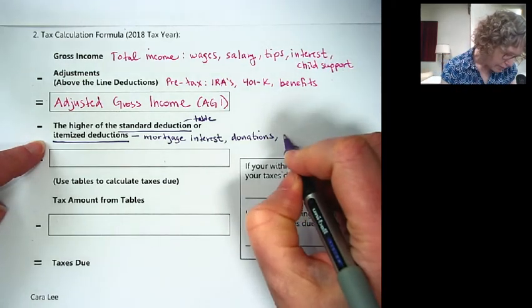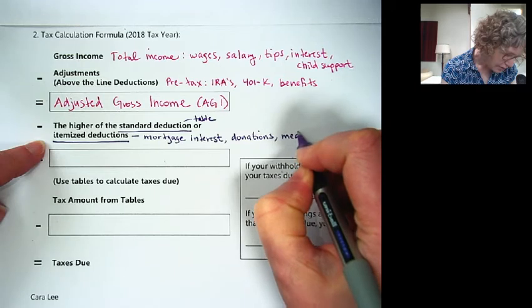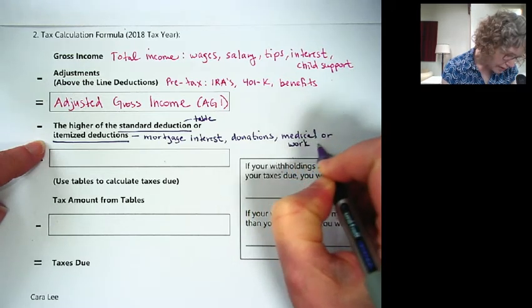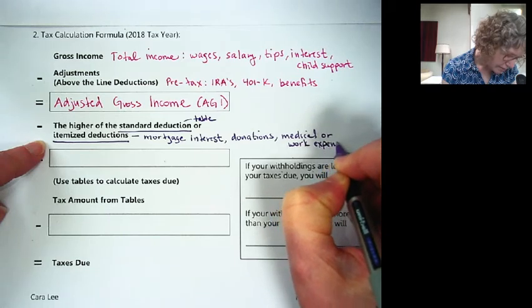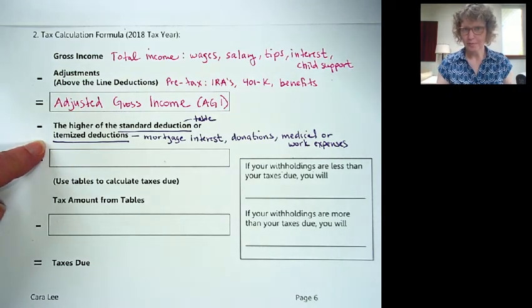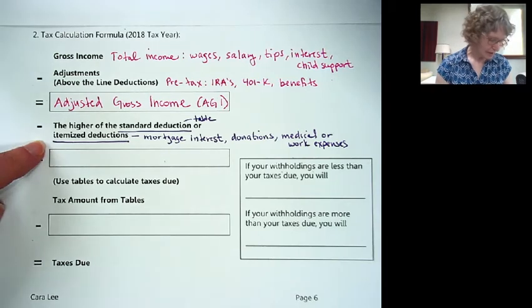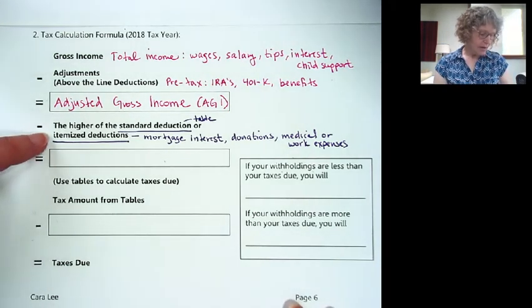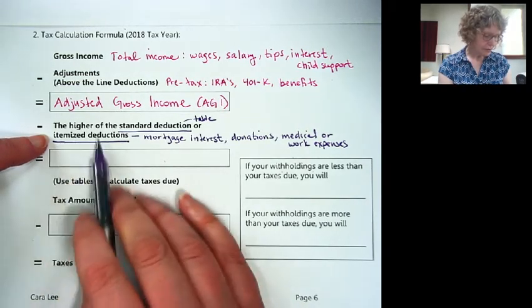So maybe medical or work expenses. Okay, this is where I'm not a tax professional, but when you use the online software, it guides you through all of the different possible deductions you could get. Okay, the idea is to itemize as much as you can, so you get this number as large as you can.